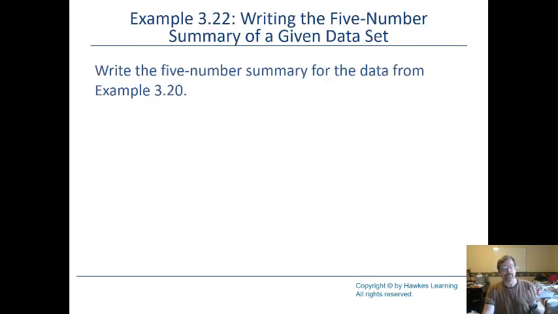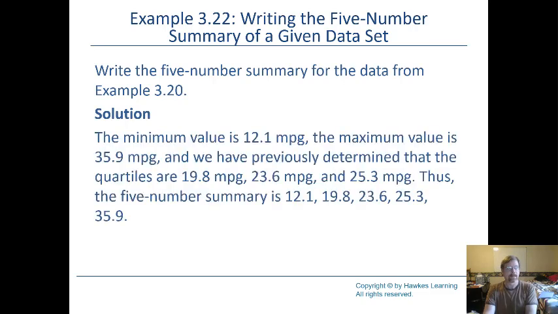So we could take the data from that previous example, the highway miles per gallon data, and write the 5-number summary. We've got a minimum of 12.1, maximum of 35.9, and the quartile values as calculated.